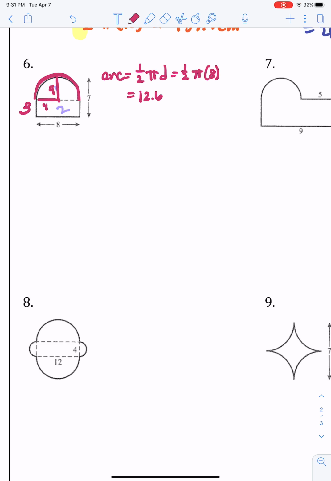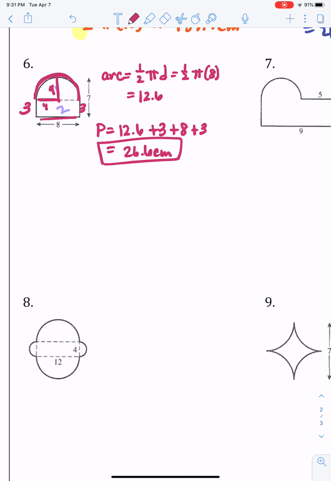And so the total perimeter, that's just the arc. So the total perimeter equals 12.6 plus 3 plus 8 plus 3, which is 26.6 centimeters. So there's my perimeter.